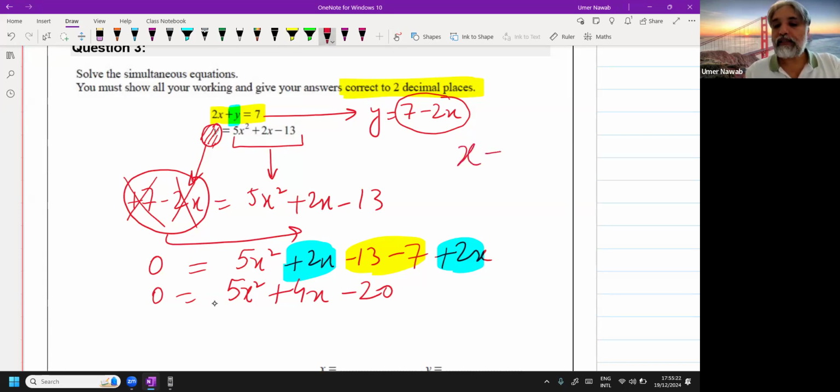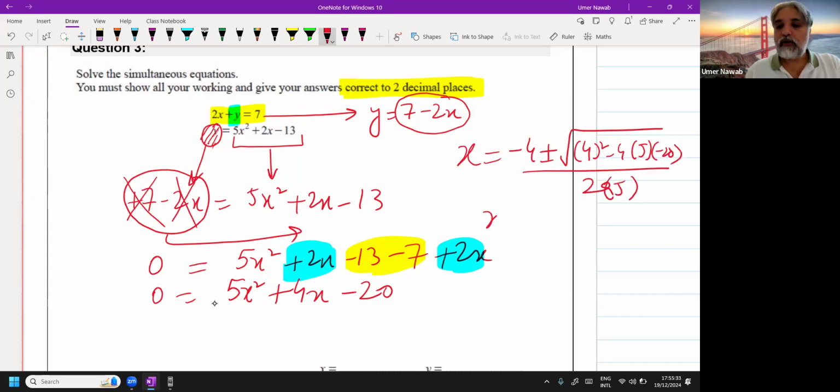How? You'll say x is equal to negative 4 plus or minus the square root of 4 squared minus 4 times 5 times negative 20, over 2a. a is 5. So the two values of x I'm going to get are minus 2.44, since the examiner said you have to write the values of x and y to two decimal places, and the second value of x will come to me 1.64.